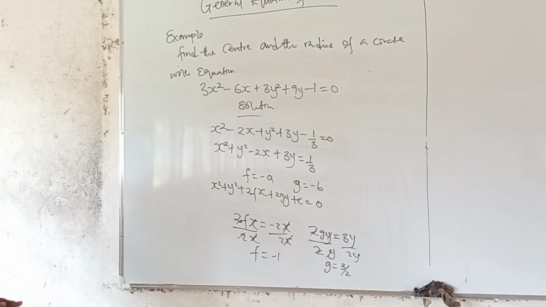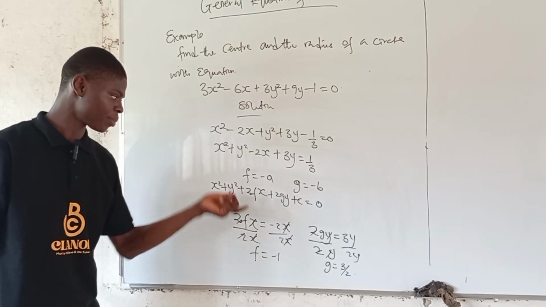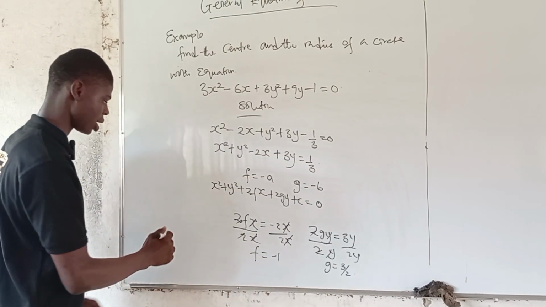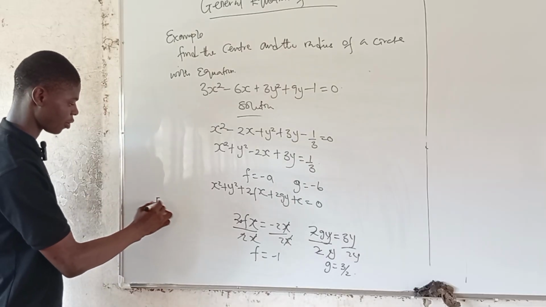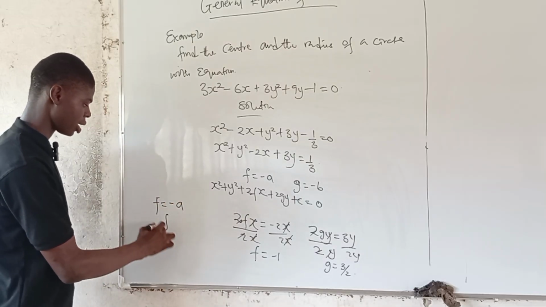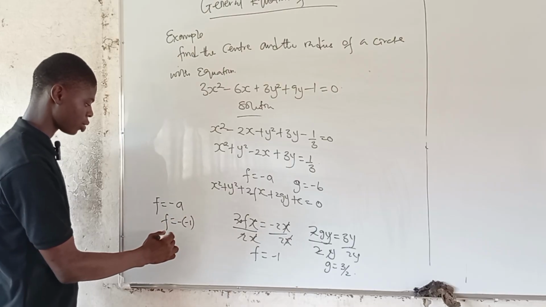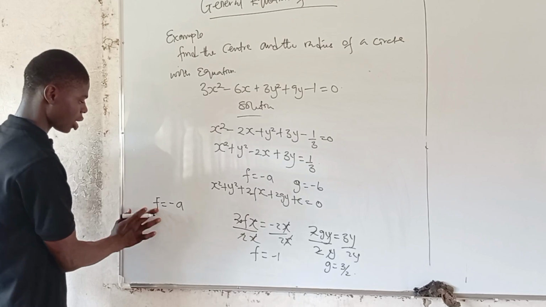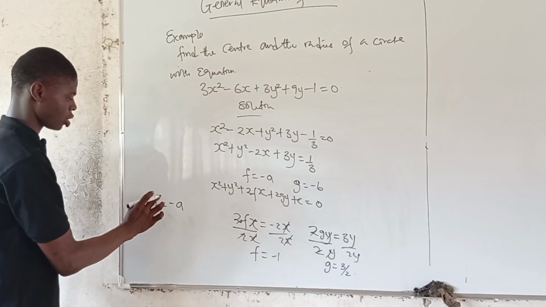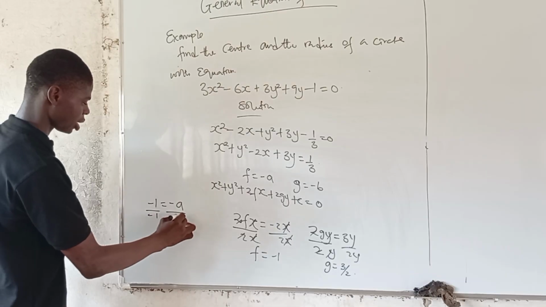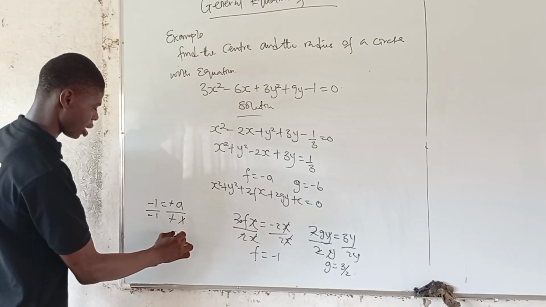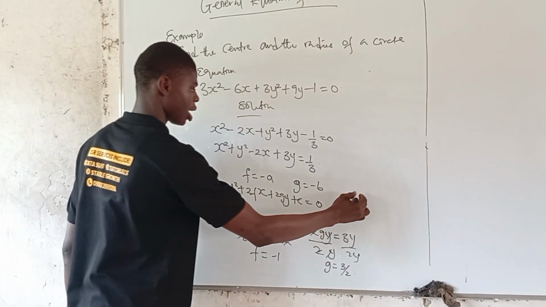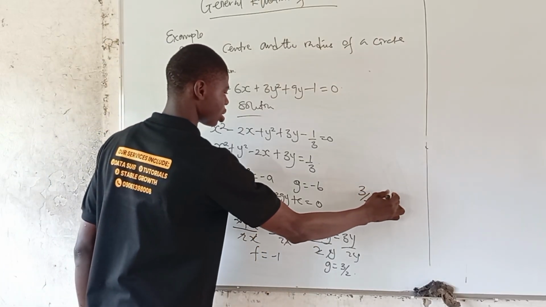But is that the end? No, right? We have to get our center, and our center is a and b. So we're simply going to substitute. You have f equal to negative a, meaning f equal to minus 1. We've gotten our f to be negative 1 already, so to get our value for a, divide all through by negative 1. Our a becomes 1. Then to get the value for b, we have g is already 3 over 2 equals negative b.